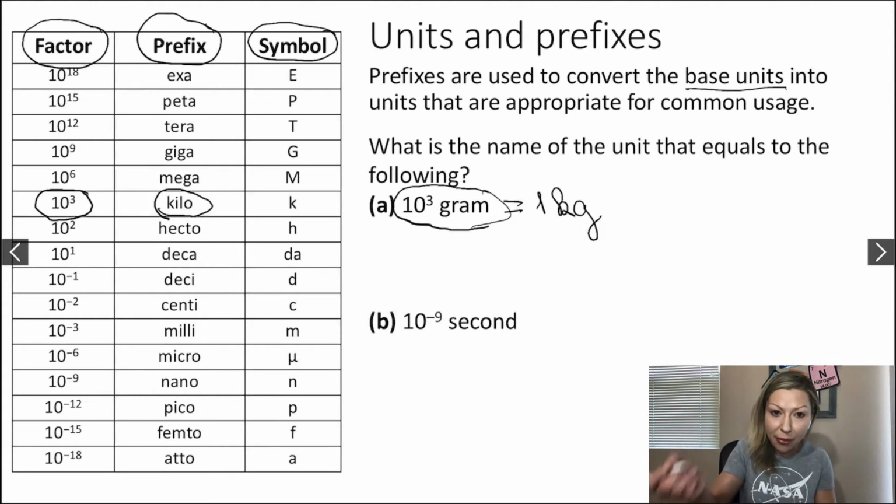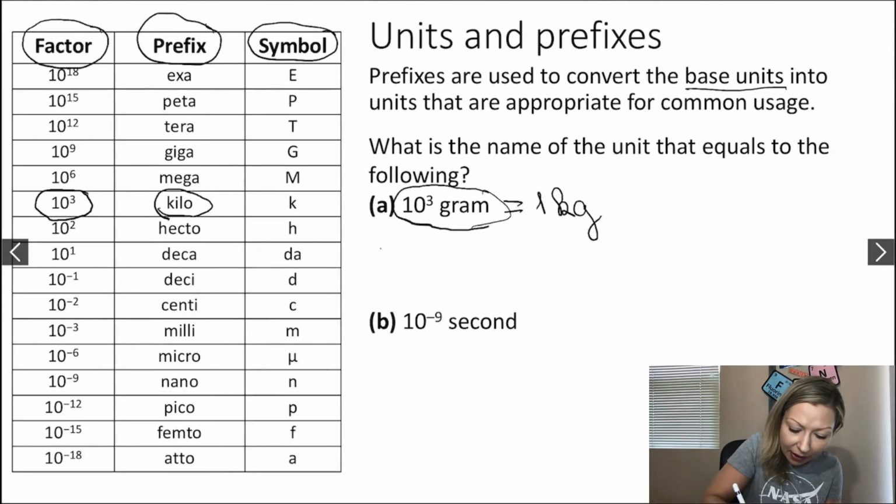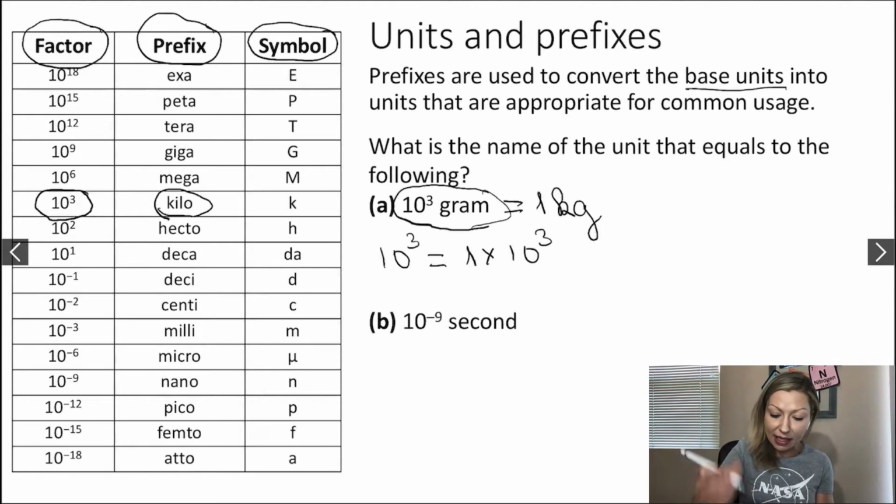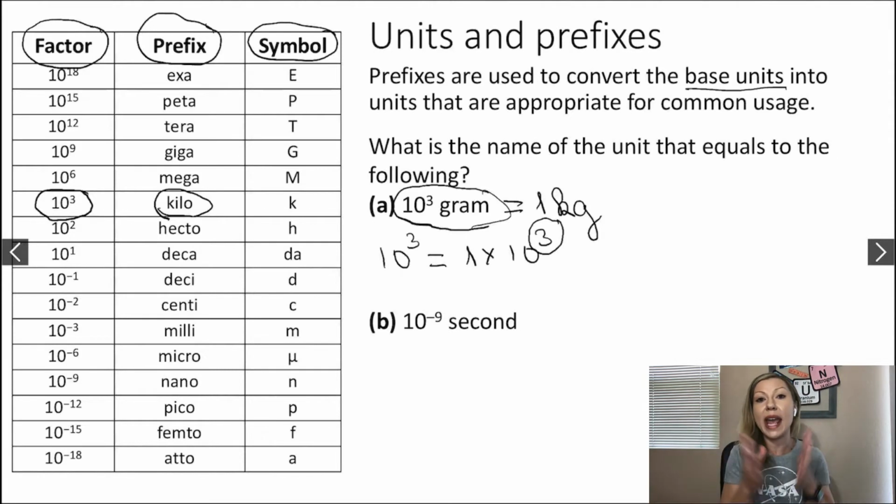So 10 to the third actually means 1 times 10 to the third. And the exponent 3 just tells us by how much do I need to move the decimal place. We don't see the decimal place right here, but it's actually right there, right after the 1, right?